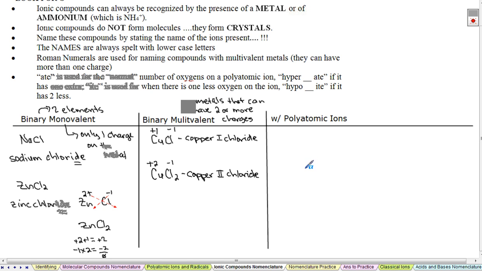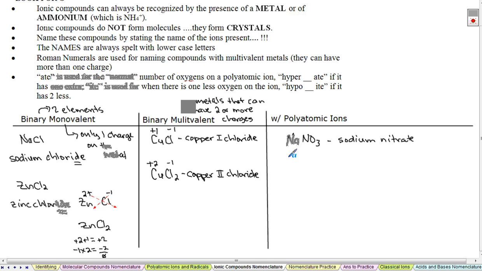Now, we're not quite over. It's also possible to have polyatomic ions. So we could have sodium connected with a nitrate. And so this would be just simply sodium nitrate.